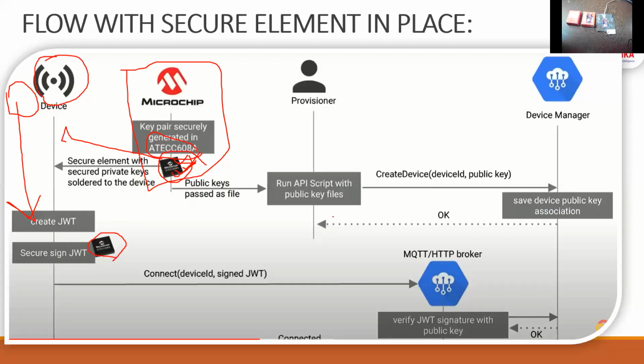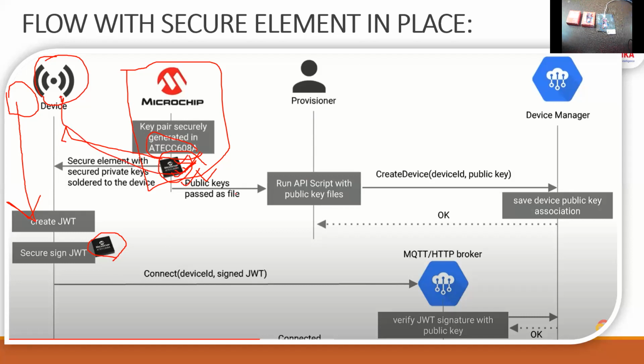Non-repudiation: whenever we have this secure element connected with our device, the communication is dependent on this secure element. The cloud environment is actually identifying your private keys. The JWT is signed with your private keys, which are inside your secure element, and this secure element is connected to your device.